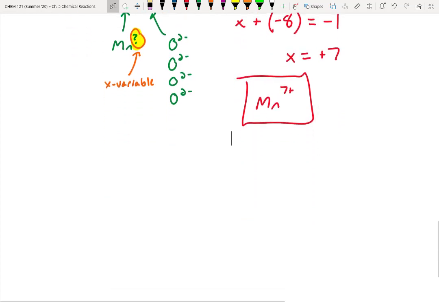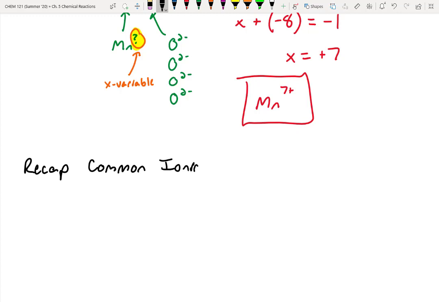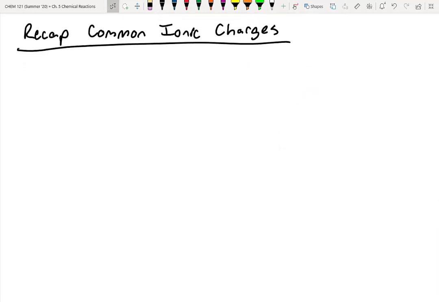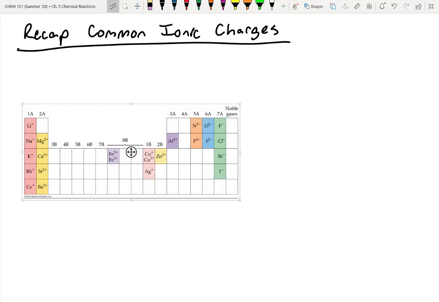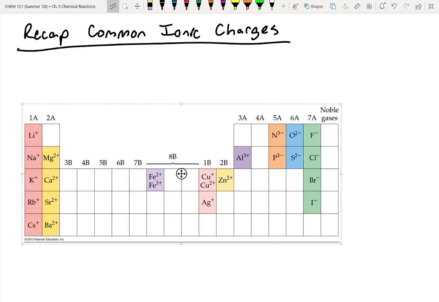So let's go and kind of recap common charges. All right, so I'm just going to paste this table in. It's actually from a different textbook, but it gets the idea across pretty easily. So we've got this periodic table, and I'll just make a few notes.